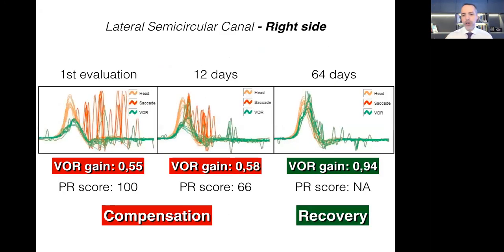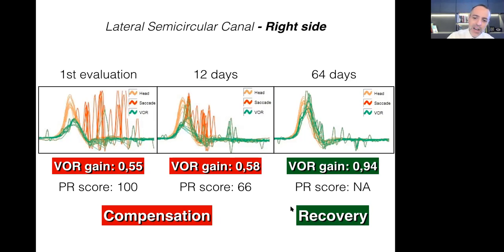And here's what I showed you. In the acute onset, the VOR gain was 0.5 and the PR score was 100, so the saccades were much more scattering. After 12 days, the VOR gain is still 0.5, but the PR score drops to 6, so the behavior of the saccades changed. And after 2 months, the VOR gain was normal.